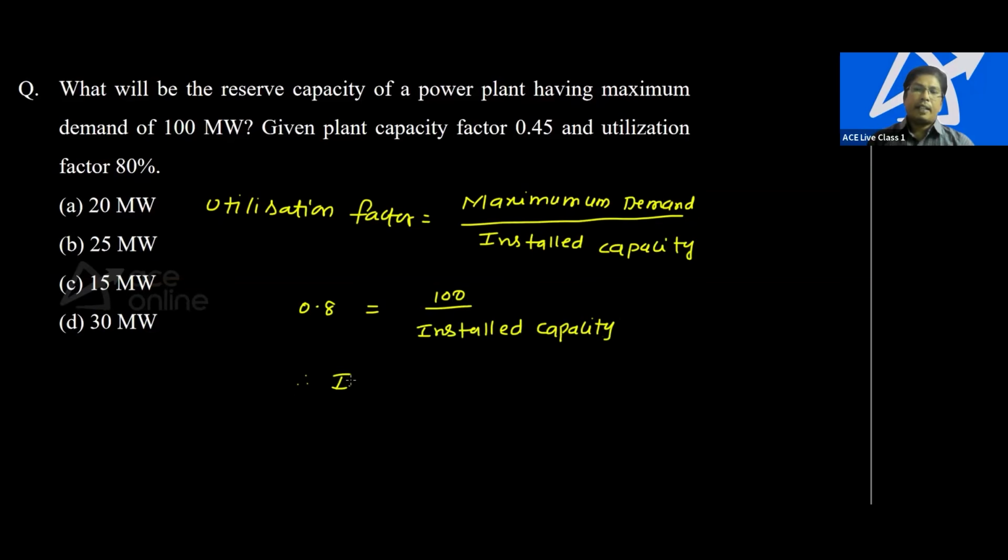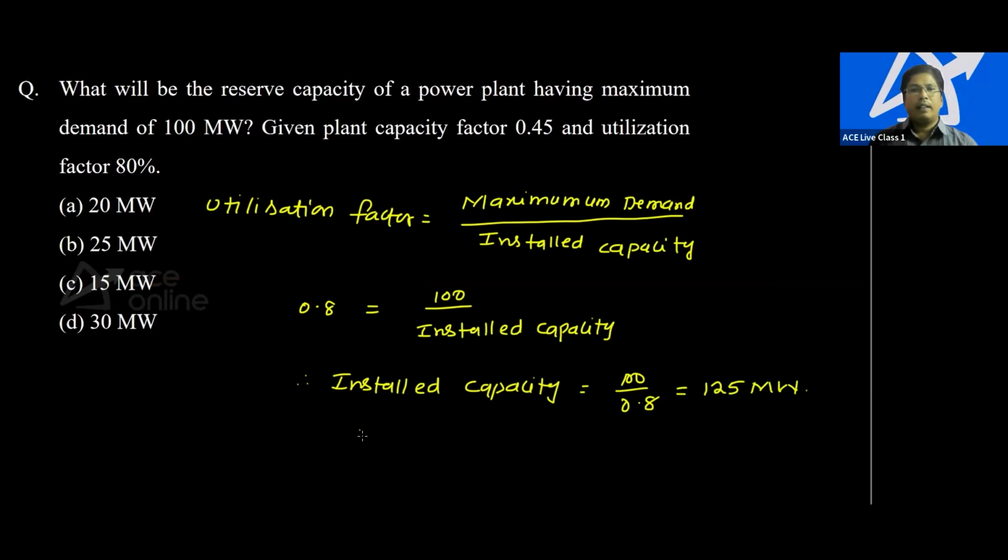Therefore, installed capacity is 100 divided by 0.8. What is 100 divided by 0.8, students? It is approximately 125 megawatts.